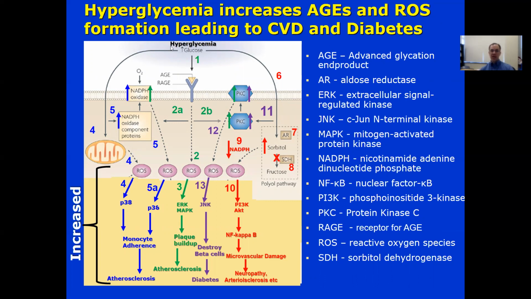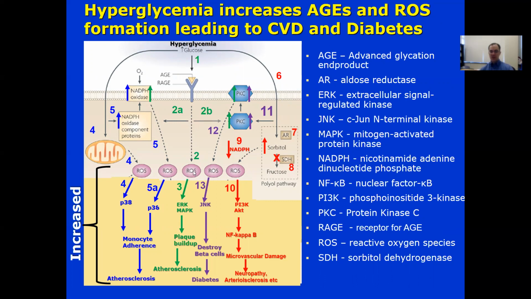So to begin with, we have hyperglycemia, and looking at the green pathway, that's going to form the advanced glycation end product, and that's going to then combine with the receptor of AGE. And this is going to cause an increased amount of reactive oxygen species to be formed and be recruited into the coronary artery intima. At the same time, you'll notice that this AGEs is going to affect other pathways, which we'll get to in just a little bit.